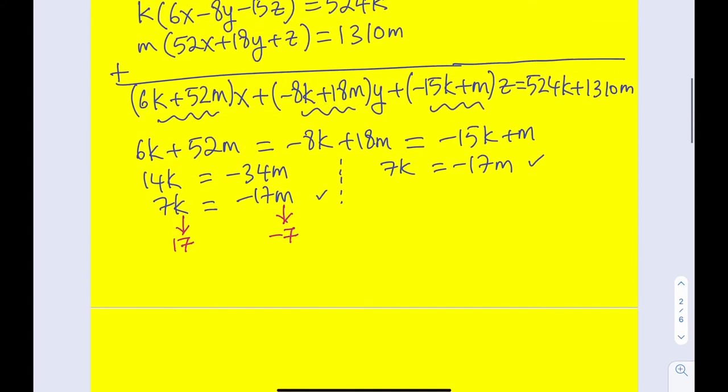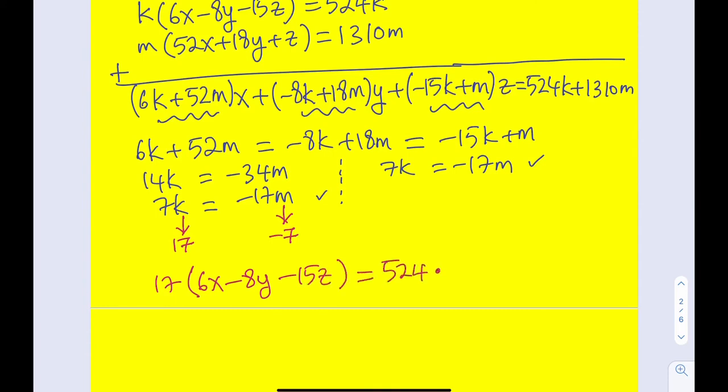So I'm going to multiply the first equation, the original equation, by 17. So I'm going to be getting 17 times 6x minus 8y minus 15z, which is equal to 524 multiplied by 17. By the way, this is going to equal 8,908.